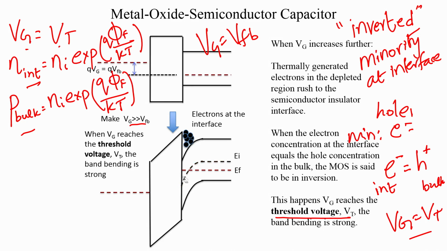Another technical term which I should have probably mentioned is to define this potential. Let us say I create this built-in potential as a reference. This potential, which is the total amount of band bending in the semiconductor, has got a special term, and it is called the surface potential. Phi s is the surface potential.